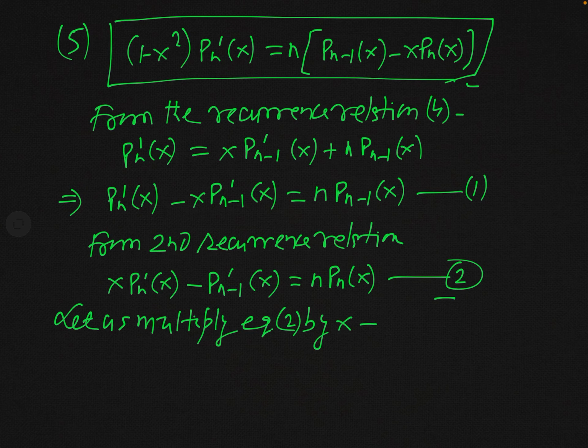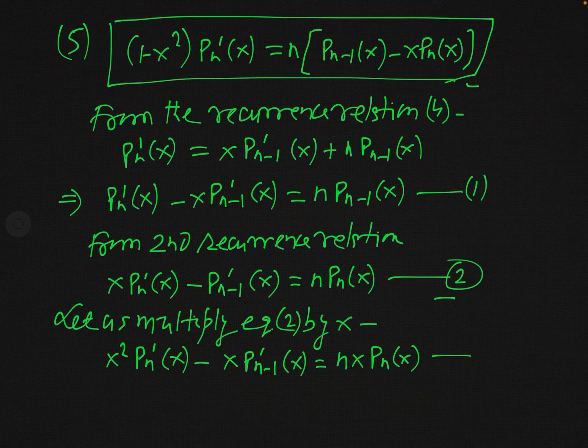When you multiply, this will be simply x square into Pn prime of x minus x times Pn minus 1 prime of x, equal to n times x into Pn of x, and say this is equation 3.